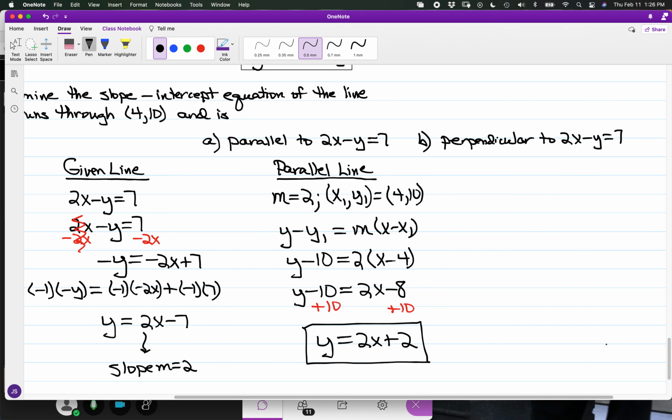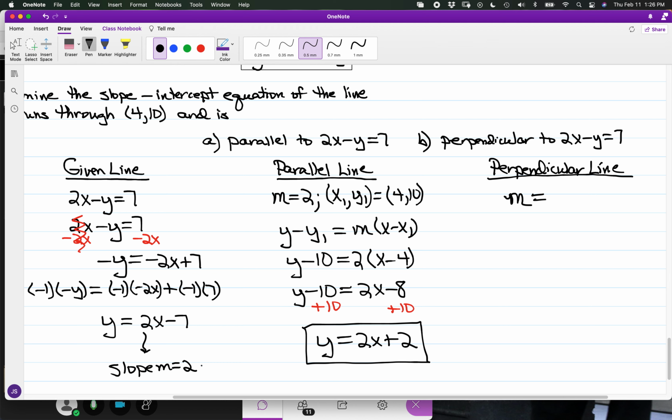And in the case of the perpendicular line, in this case, perpendicular lines will have slopes that are opposite sign reciprocals.